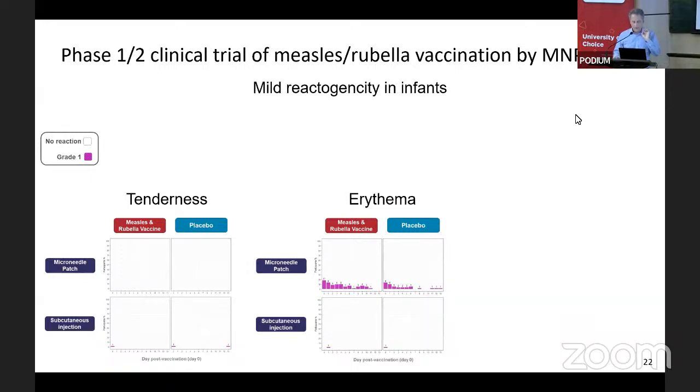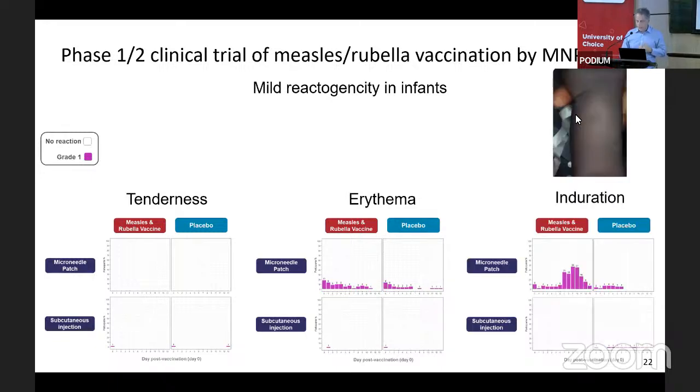So a little bit of erythema is there, but also at the placebo site, there's a little bit of erythema. So just a mild skin damage that then can recover. Subcutaneous injection, none seen. What was notable was the induration or the swelling at the site, and you can see also some discoloration of the skin that could persist afterwards. That was specifically associated with the microneedle patch and the vaccine.